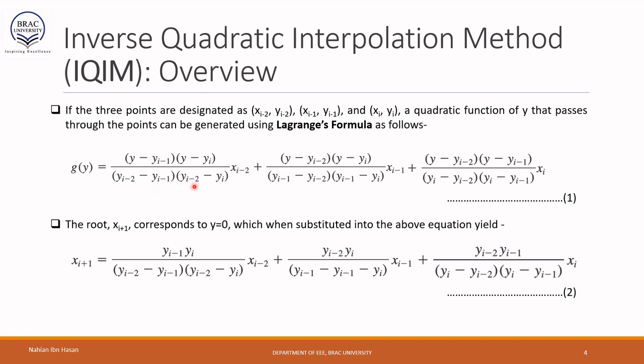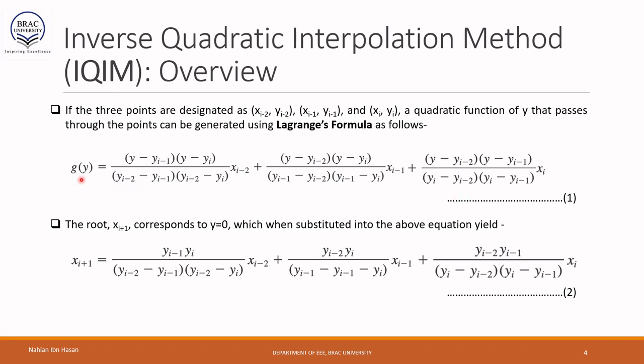Similarly, in the second term, we have the multiplication as x_{i-1}, so there will be a subtraction from the y_{i-1} term. Similarly, in the third case, the subtraction will be from the y_i term. So these are the patterns that we are going to follow to remember this Lagrange formula. This whole equation 1 is the Lagrange formula that we are going to use to fit a parabola.